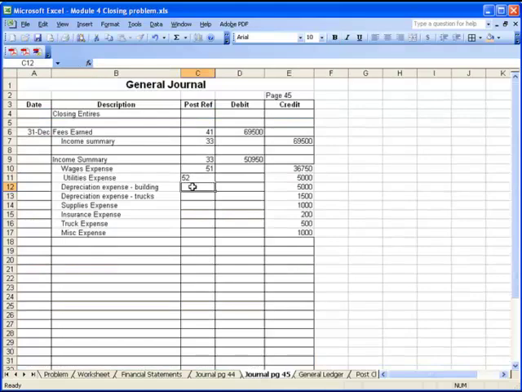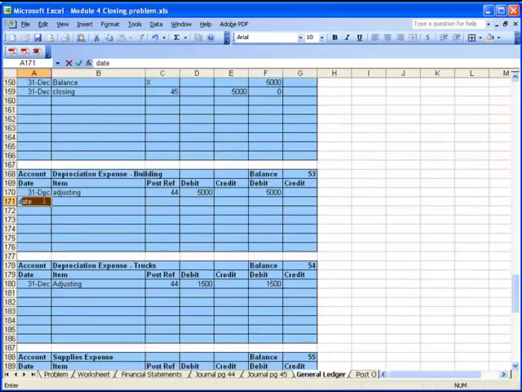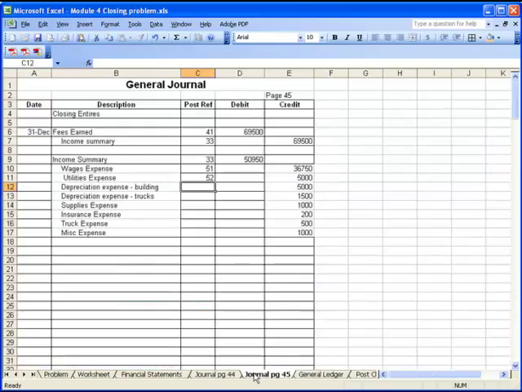We move on to depreciation expense for our building. Depreciation expense for our trucks, $1,500.